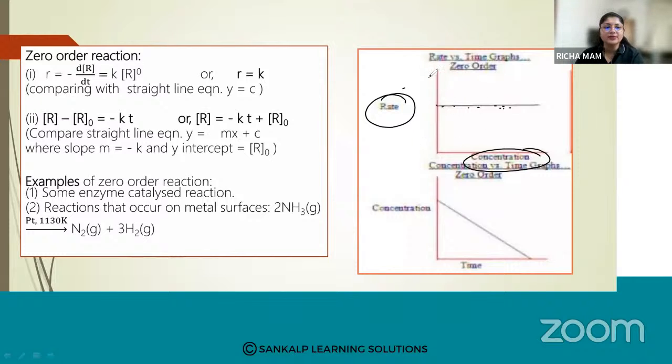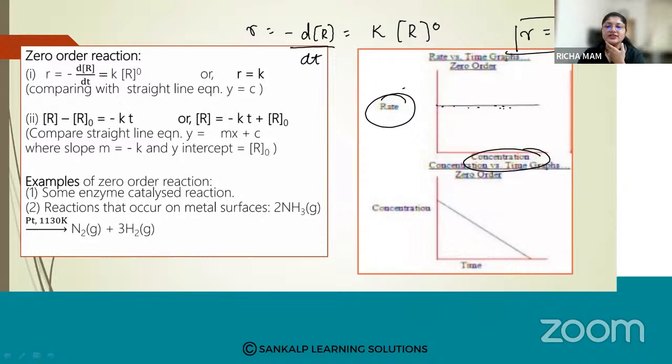Rate versus time graph. So we know how the rate is given. Rate is equal to minus d[R] by dt. k is equal to [R]0. So we know that rate is directly proportional to the constant, right?